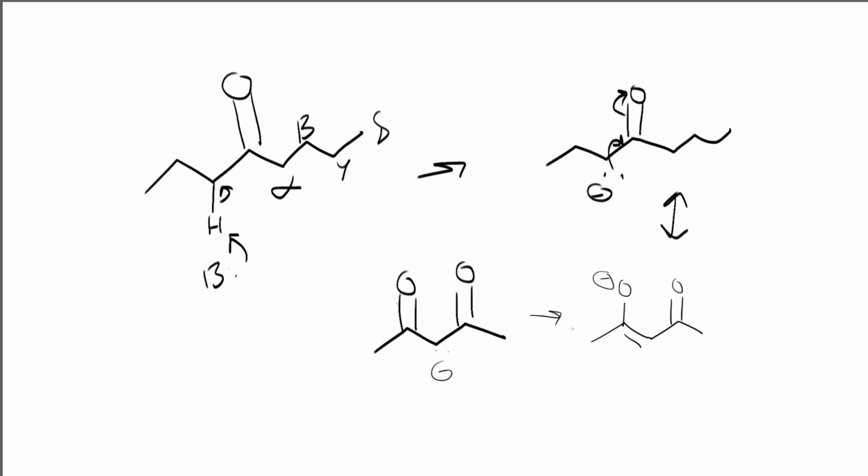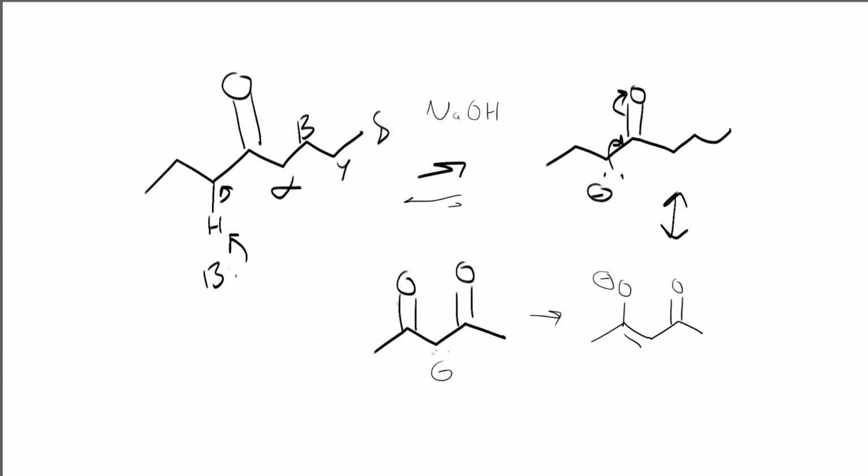Because the more stabilized the conjugate base we have, the weaker a base that will be necessary. So for example, for the first example we showed here, sodium hydroxide typically isn't going to be sufficient to deprotonate this entirely. It's going to want to form and stay in that direction as opposed to moving in this direction.